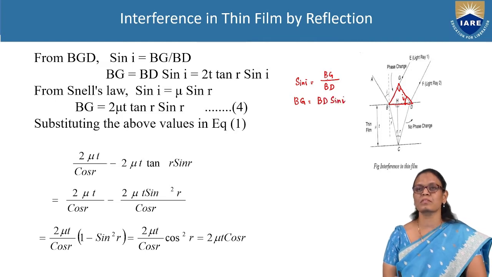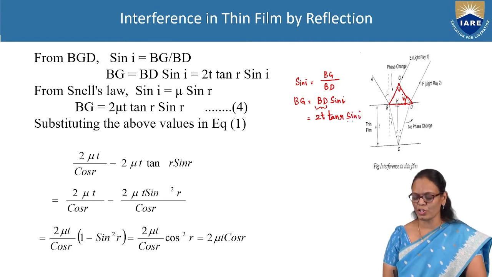And just now we have calculated BD. So what is BD equal to? 2t tan r into sin i.